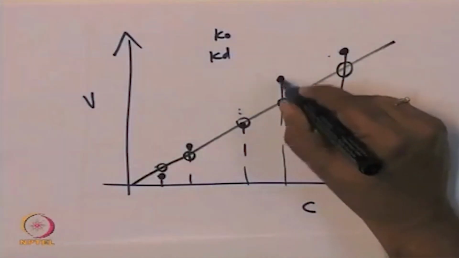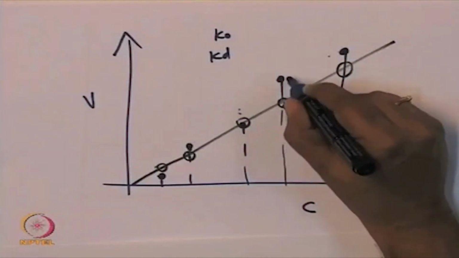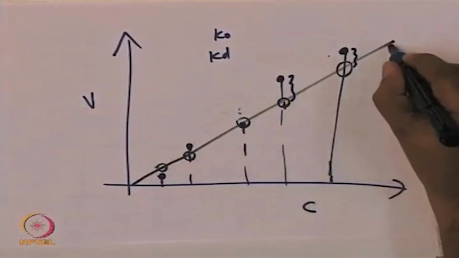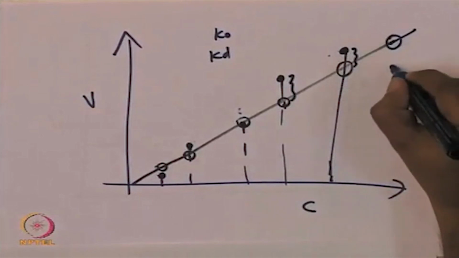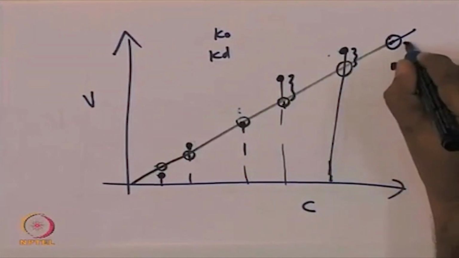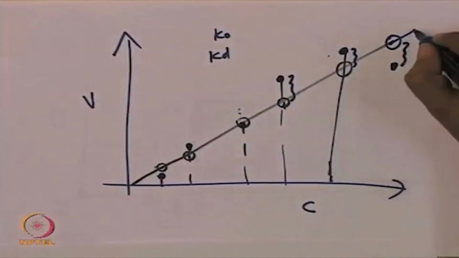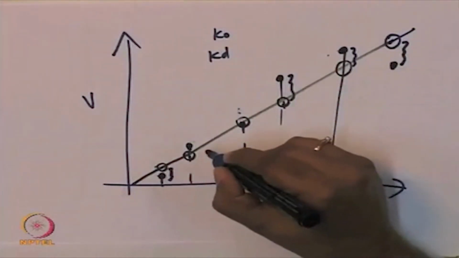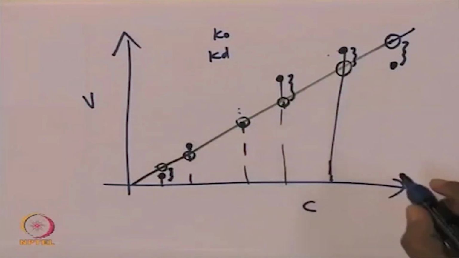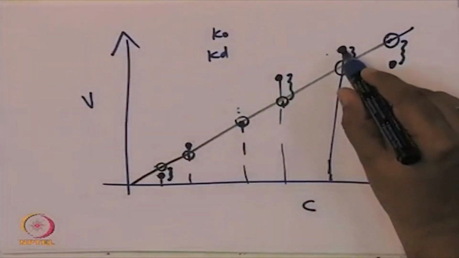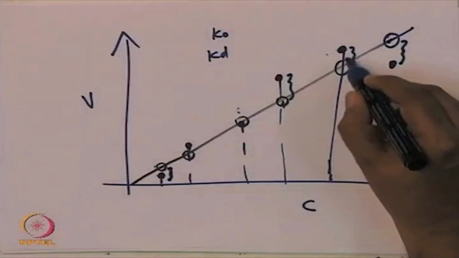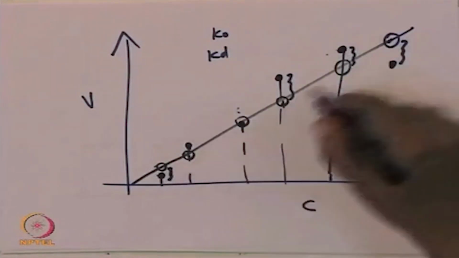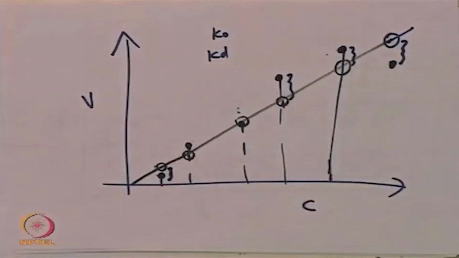The theoretical value is this, the experimental value is this, so this deviation will be this. For some other case, here also the deviation is this. So, each experimental value will have some deviation from the theoretical value that you get from the best fit.